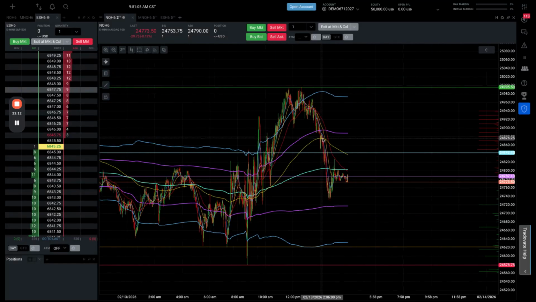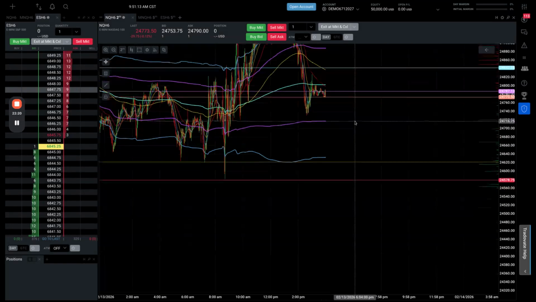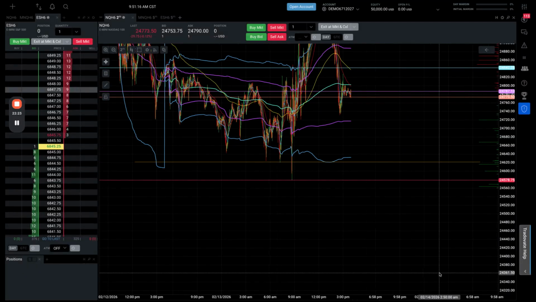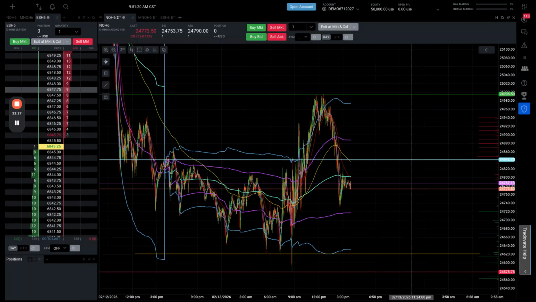And this is also a good indication here that it looks like the yellow is about to start crossing down over here. Could be a good indication that we continue to fall when market opens this evening and into tomorrow.